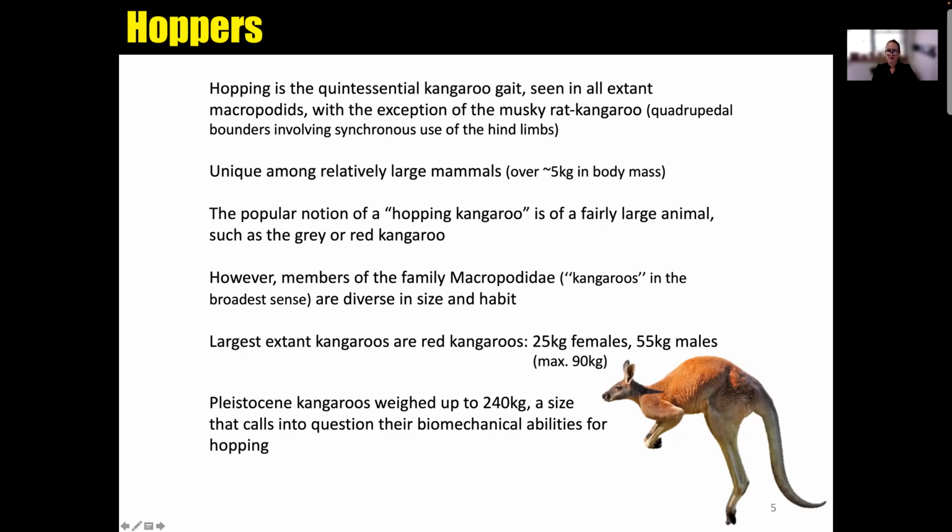However, they can reach up to 90 kilos, so quite large animals. But the Pleistocene kangaroos actually weighed up to 240 kilos. So this kind of size calls into question the biomechanic abilities of hopping in those ancient kangaroos.